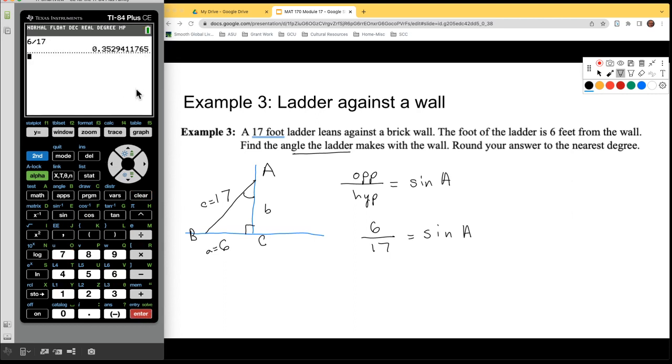So 0.3529. And what we've got is with sine, there's something called an inverse sine. So what the inverse sine does is if you take the ratio of the sides, it will actually give you the angle.